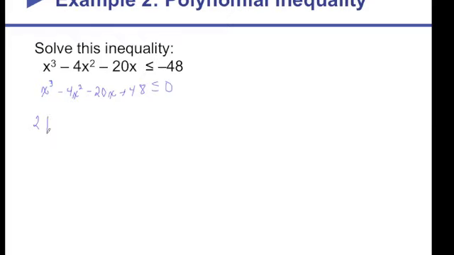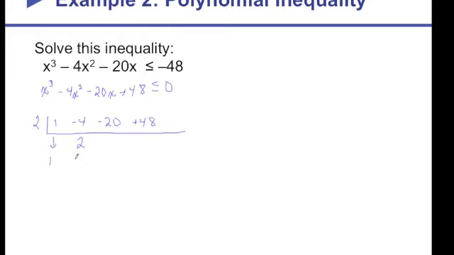Let's find out if that's true by doing synthetic division. So 1, negative 4, negative 20, and 48. First thing I'll do is bring down the 1. 2 times 1 is 2.